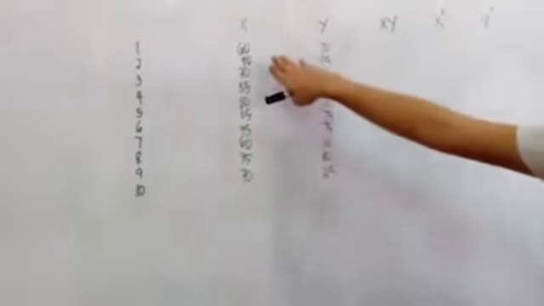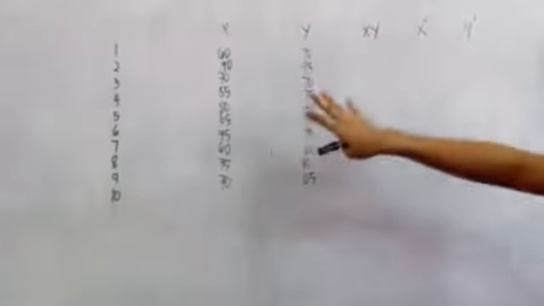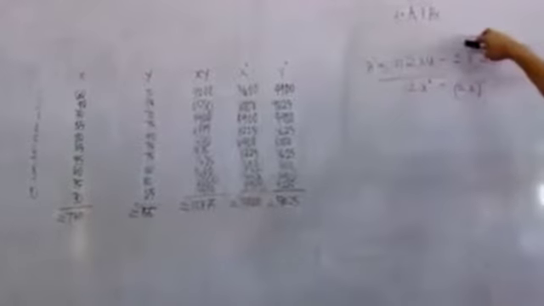To solve for the linear regression and get the equation, we must first complete the table: multiplying x and y to get the xy component, and squaring all the x values and y values to get x squared and y squared. So we now have all the values we need. Now we substitute to get the values of b and a to complete the equation.